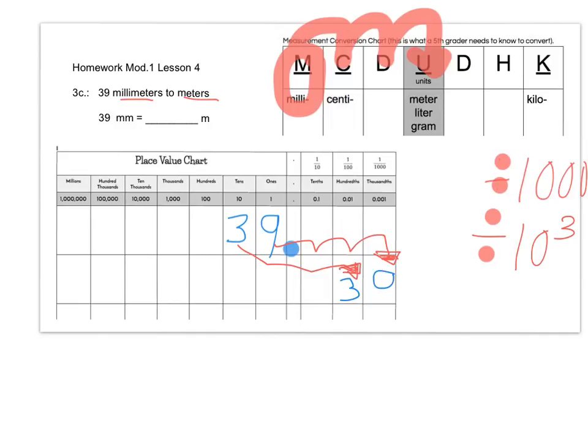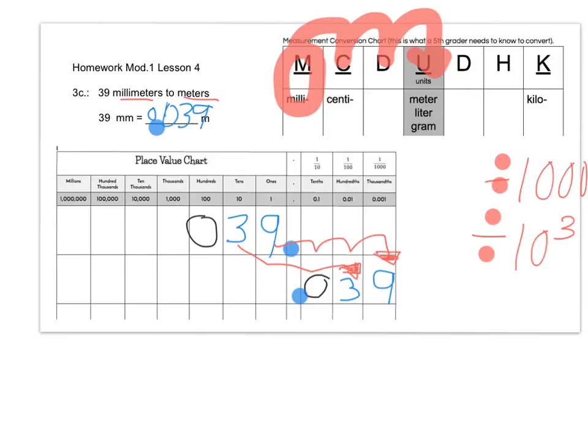Let's put our 9 right in there. And then right here, this is a placeholder. There's nothing there, but this 0 technically that's right here shifted to that column. And then we need to remember to put our decimal in. So our answer is 0.039 meters.